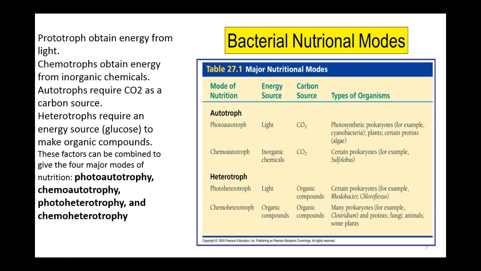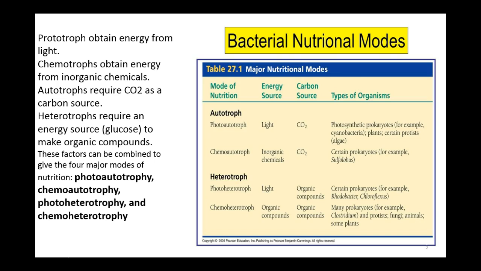The autotrophs, you can have a photoautotroph or a chemoautotroph, and so these are prokaryotes that can create their own energy. They can make their own energy needs from a source that's outside of them.